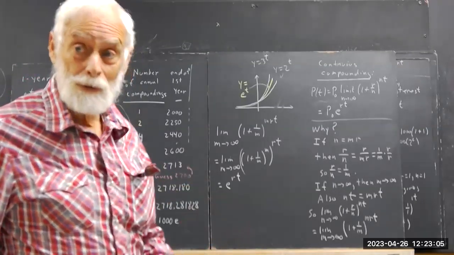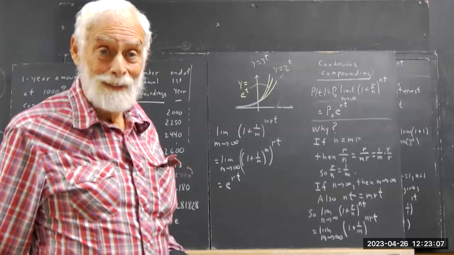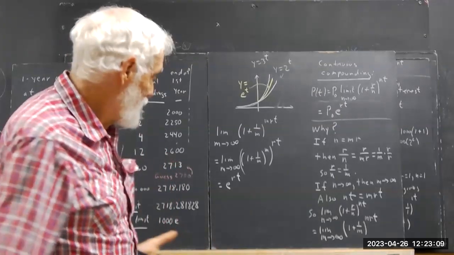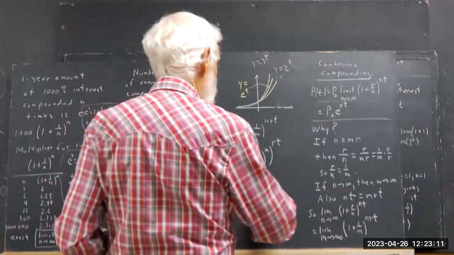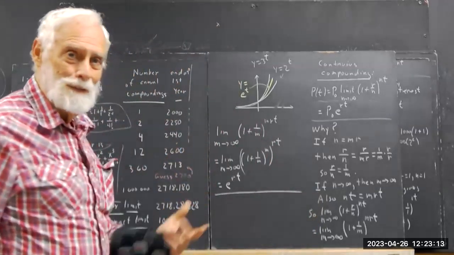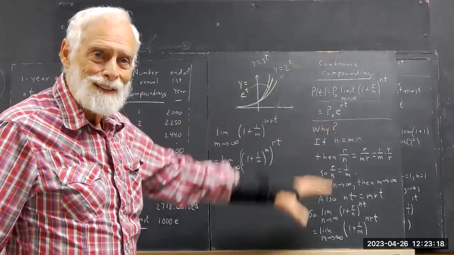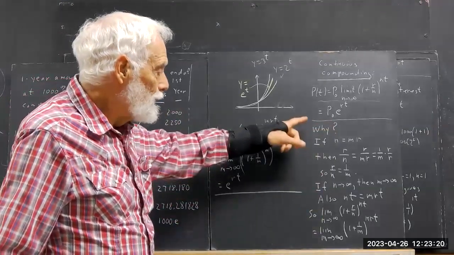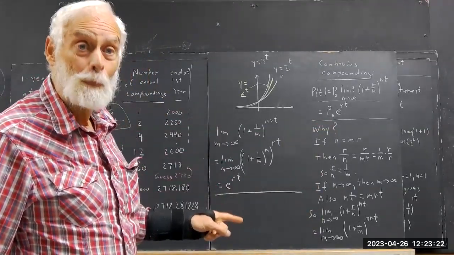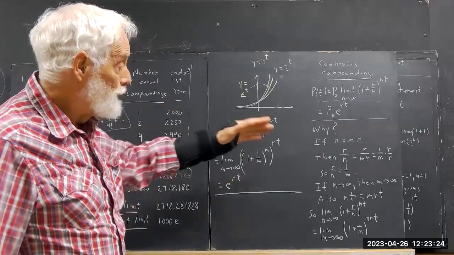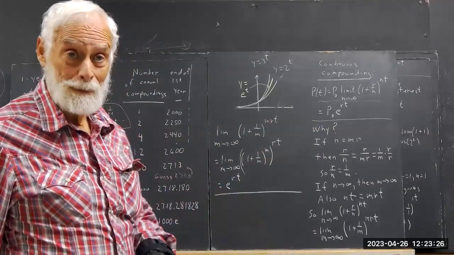Now the algebra is a little challenging in doing this. It's worth stretching yourself a little bit. If you take the time, I think you're understanding every step. You're probably going to need to ponder a little bit if you want to understand the whole process, but each step in the process is very simple.